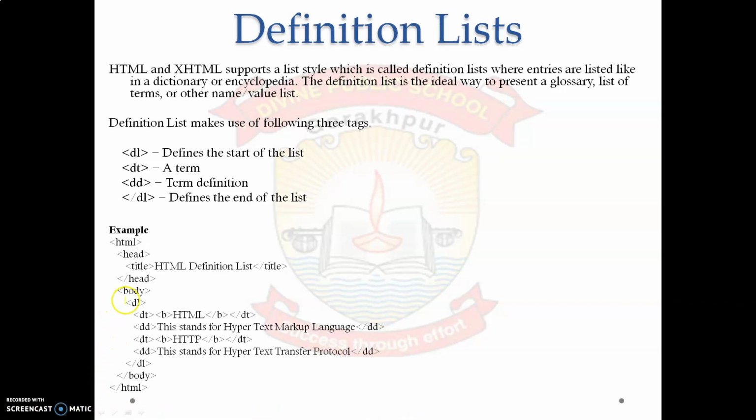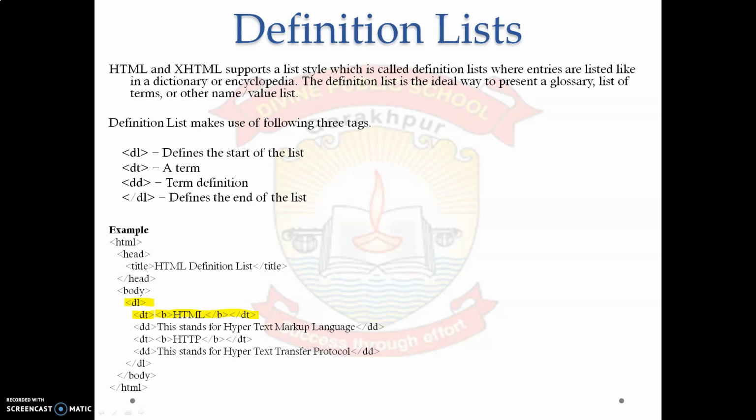DL tag for definition list. After that, we have a term HTML. Okay, so here we have put it under the DT tag and B for bold. Our text becomes bold, and here HTML, and after that DT closes.